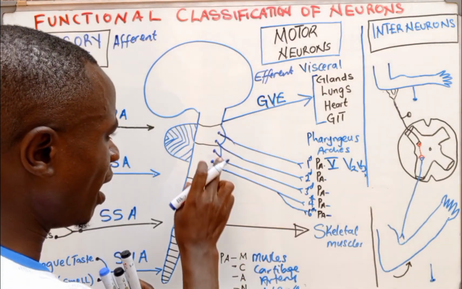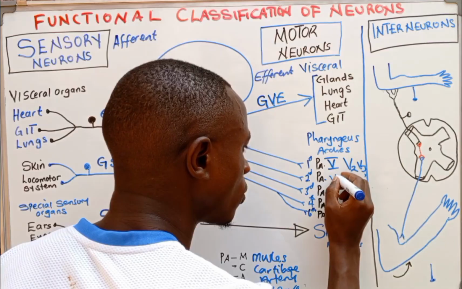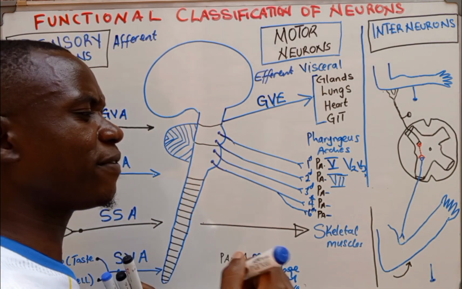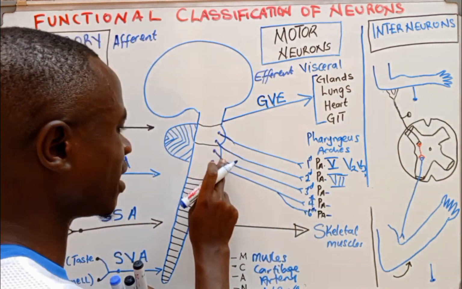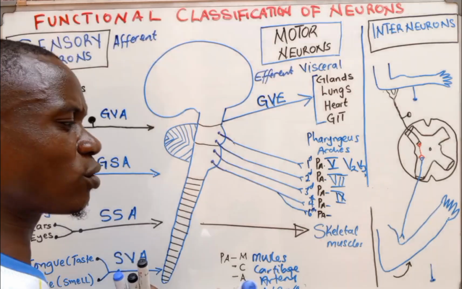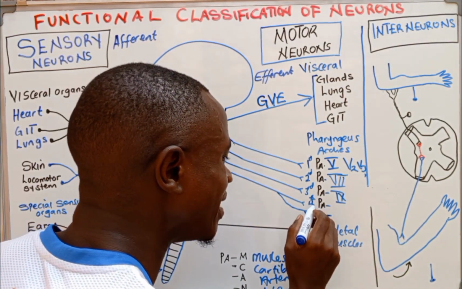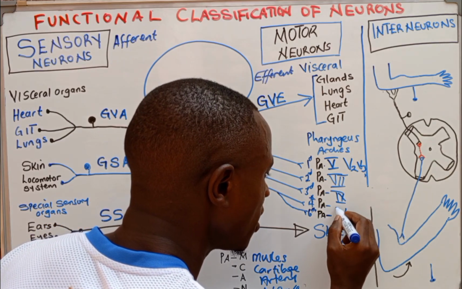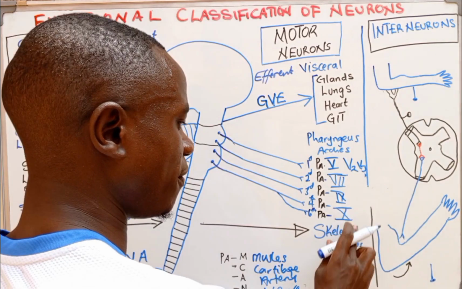Pharyngeal arch number 2 is supplied by the seventh cranial nerve, the facial nerve. The third pharyngeal arch is supplied by cranial nerve number 9, the glossopharyngeal nerve. And pharyngeal arches number 4 and 6 are supplied by this big man, cranial nerve number 10, the vagus nerve.